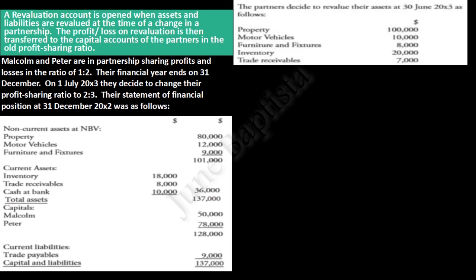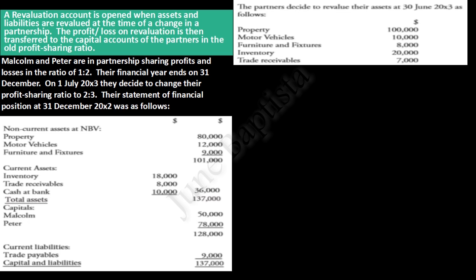The partners decide to revalue their assets at 30th June 20x3 as follows. Property, $100,000, which is an increase of $20,000. Motor vehicles, $10,000, which has decreased in value by $2,000.